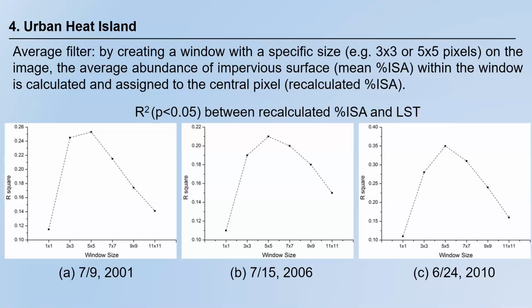You can use this relationship to predict the land surface temperature, but do not overestimate. Do not ambitiously define your neighbor and make this filter window very big. That is actually making things even worse than before.